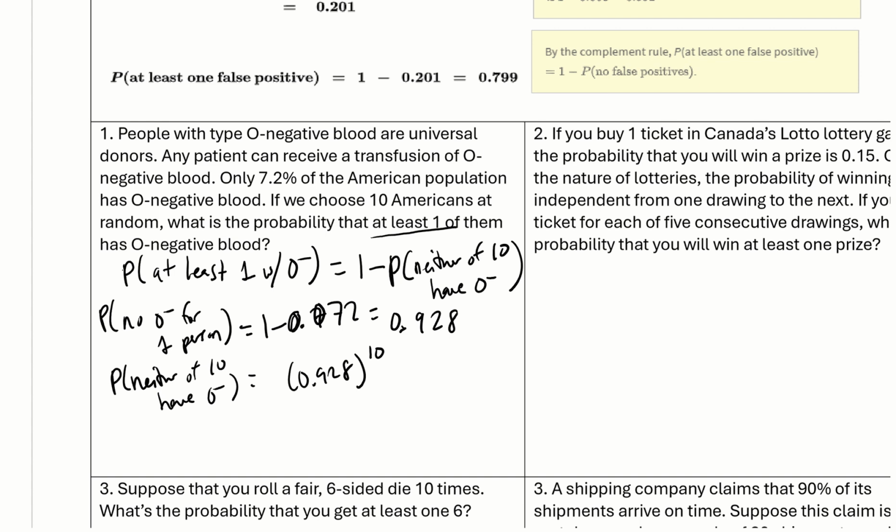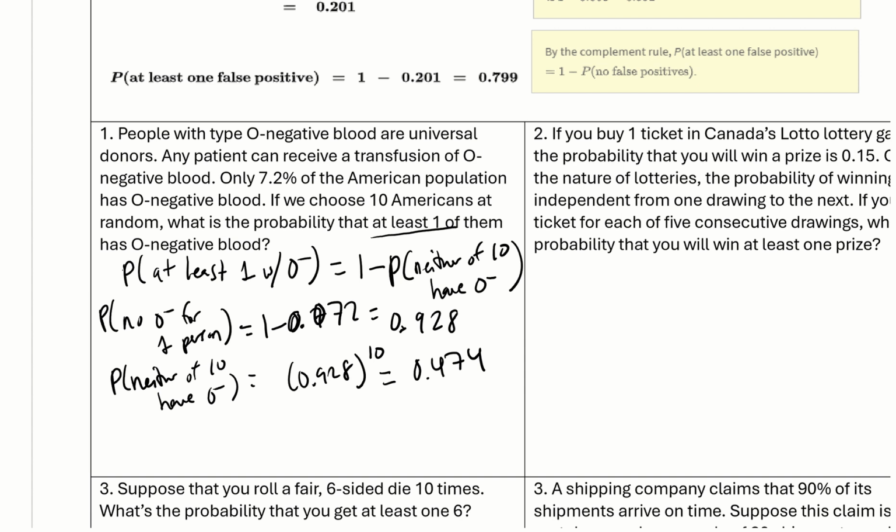Okay, and so to do this final answer, we would have to do equals 1 minus that. So in fact, I'm going to actually find that answer. So what's 0.928 to the 10th power? That's going to be 0.474, around there.